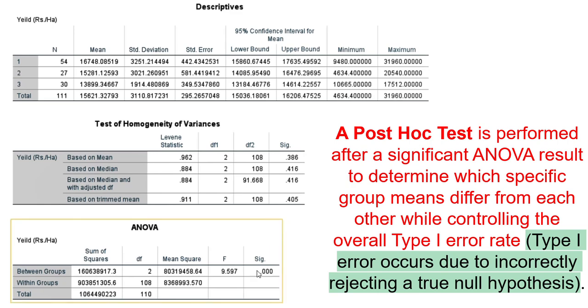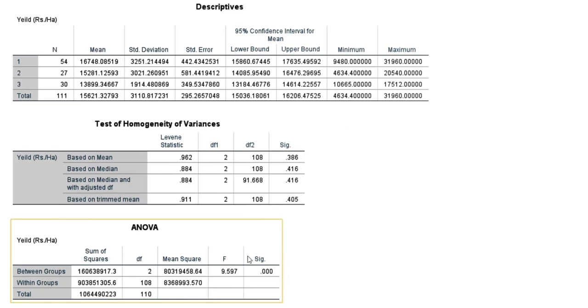Keep in mind, if the significance of your ANOVA result is above 0.05 at 95% significance level or 0.10 at 90% significance level, it shows the difference is simply due to random variation.